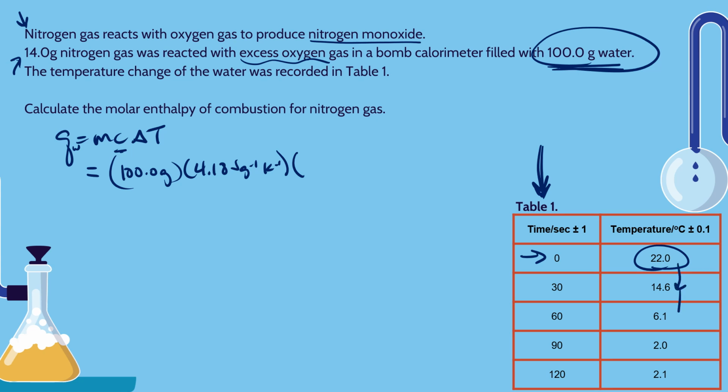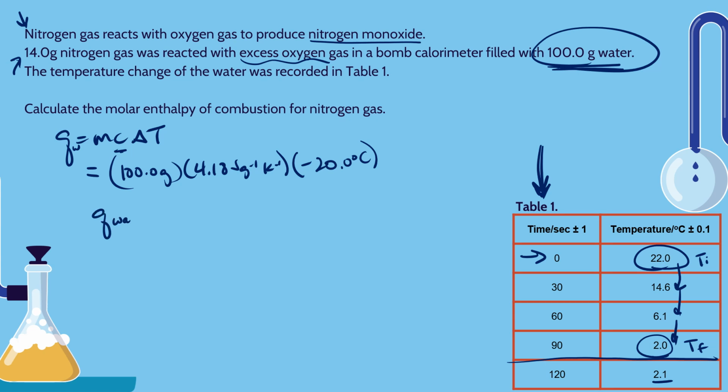The temperature went down, down, down, and then it started to go back up, which means that this is going to be the lowest of our low temperatures. We're going to do final minus initial, which means that we had a negative 20 degree Celsius temperature change. So we're going to do 100 times 4.18 times negative 20.